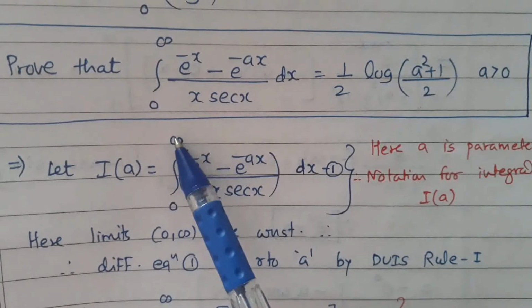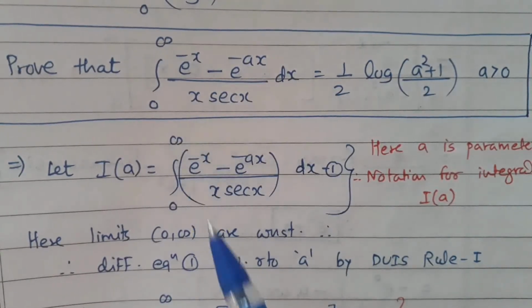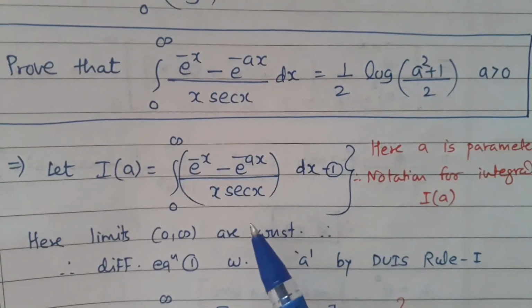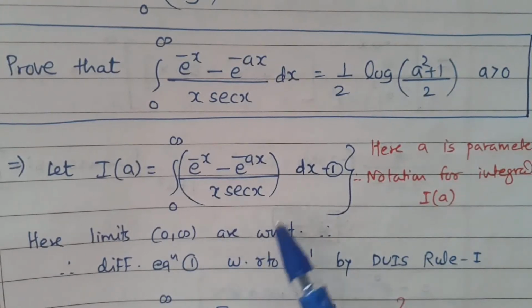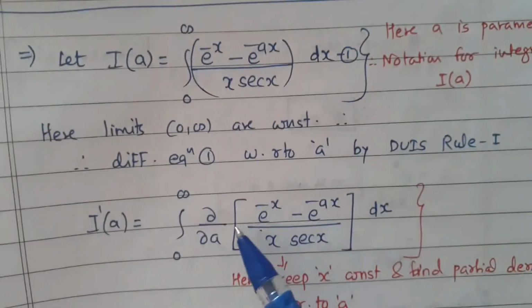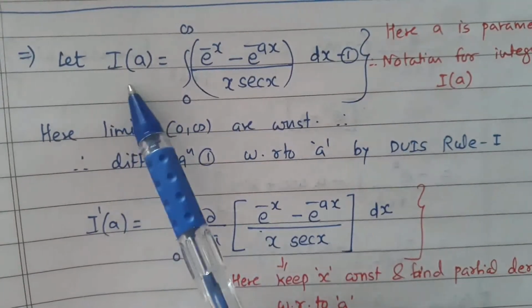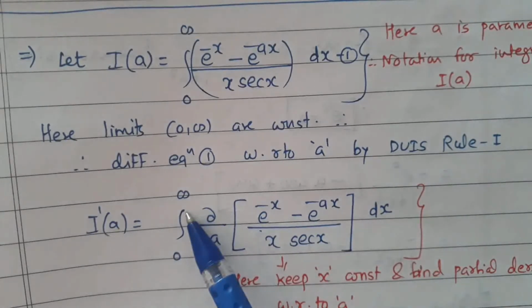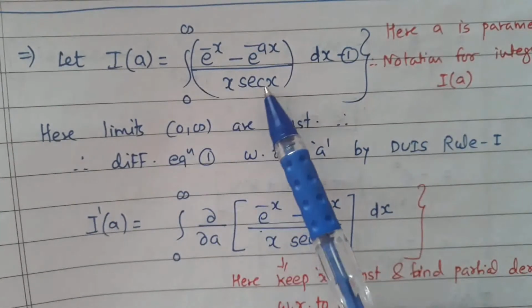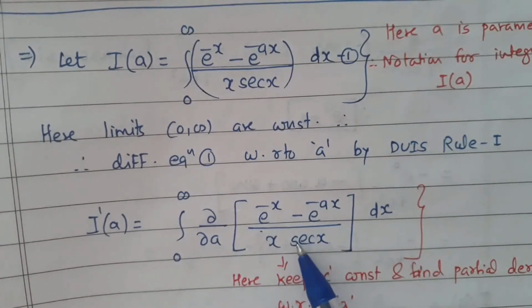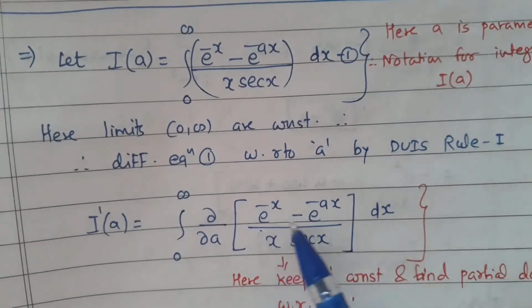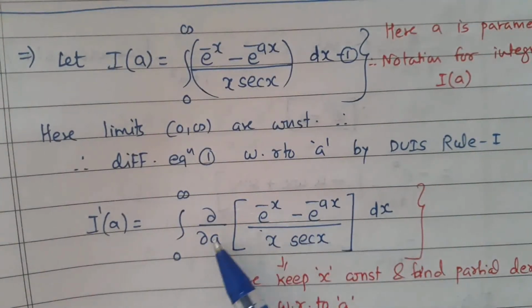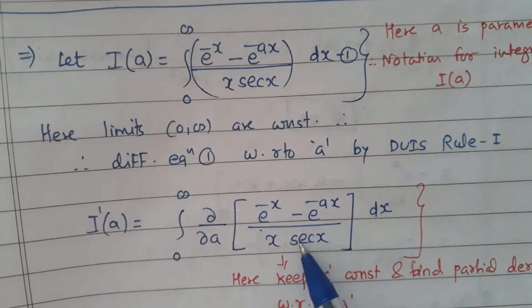Limits 0 and infinity are constant. So use DUIS rule 1 to evaluate this integral. Differentiate on both sides with respect to the parameter a. By DUIS rule, I of a becomes I dash of a, which is equal to the integral 0 to infinity of the partial derivative of this function with respect to a. While finding the partial derivative of this function with respect to a, keep x totally as a constant.